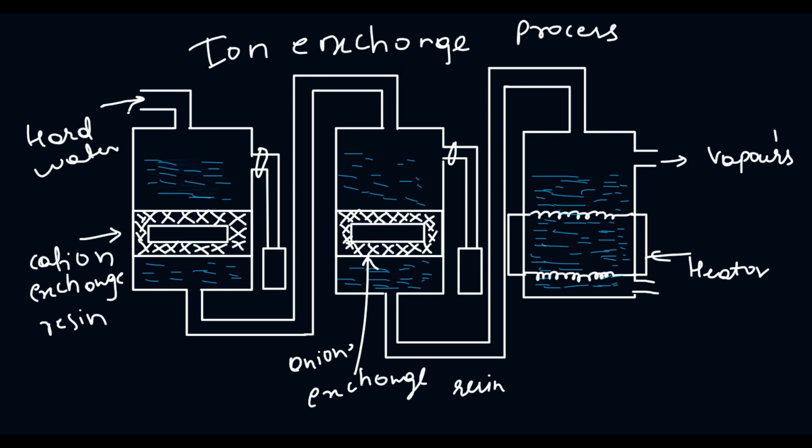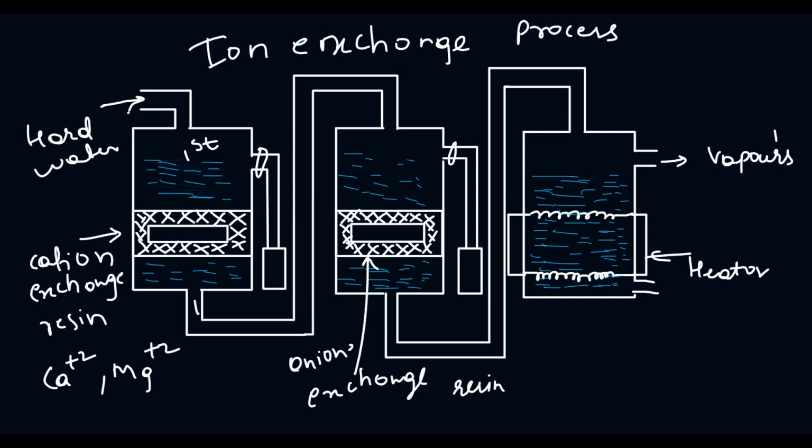Then in this first column all the cations are absorbed by this cross-linked long chain resin having micropores on it. All the cations like Ca+2, Mg+2 that are contained in the hard water are absorbed over here.